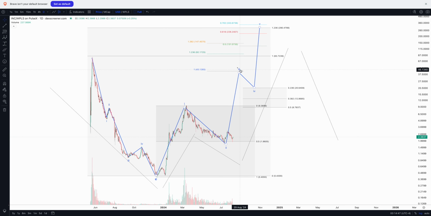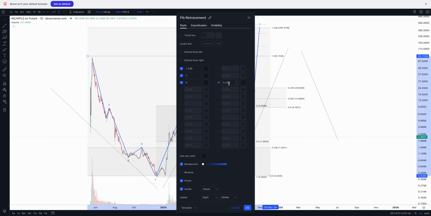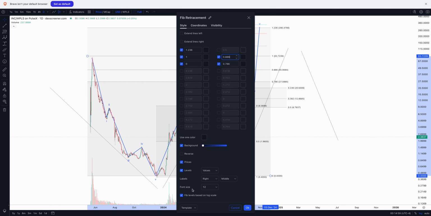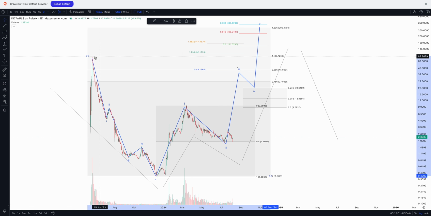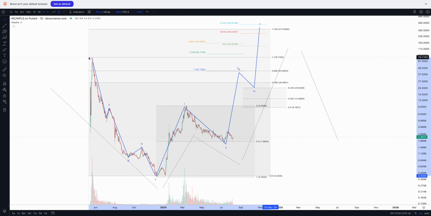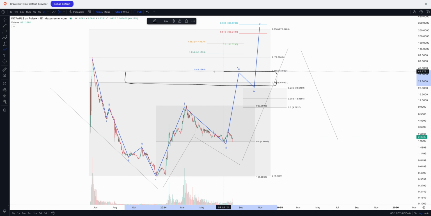So take profit at these fibs here. Okay, yeah, so same region, $26 to $43 region. Take profit there, not financial advice. Save some coins aside just in case we come up for that fifth wave.